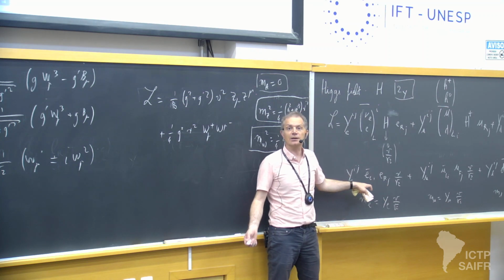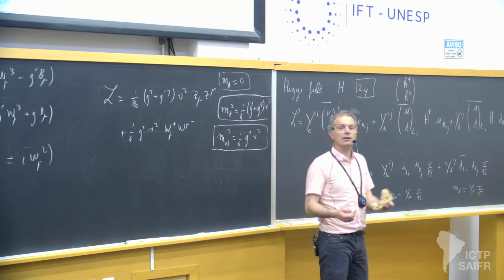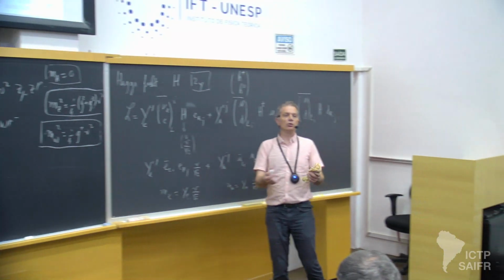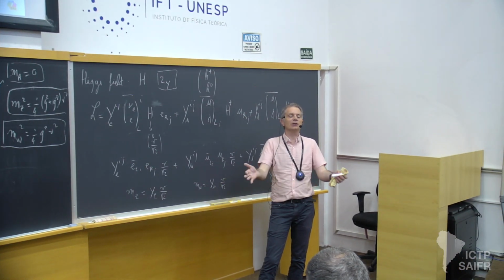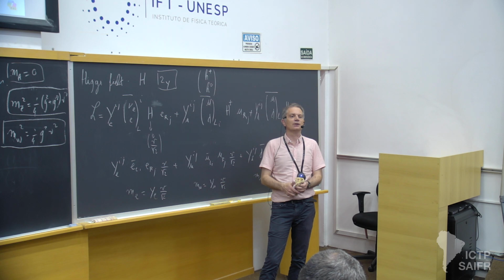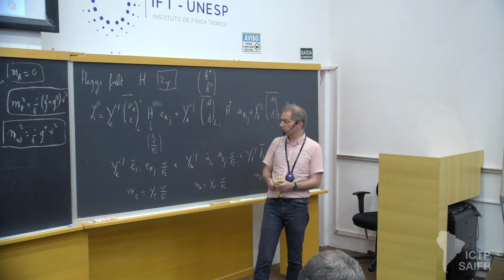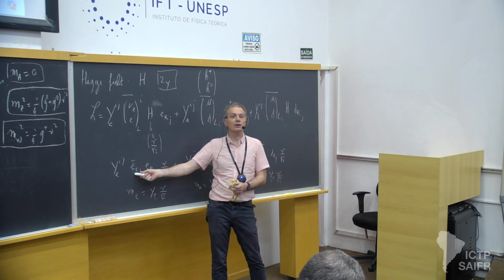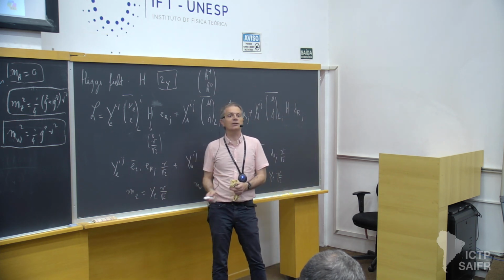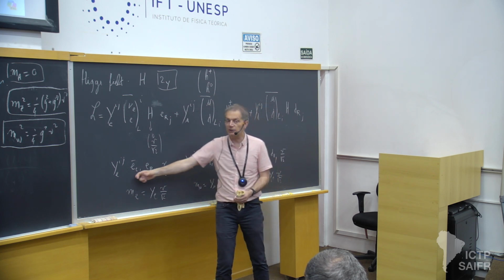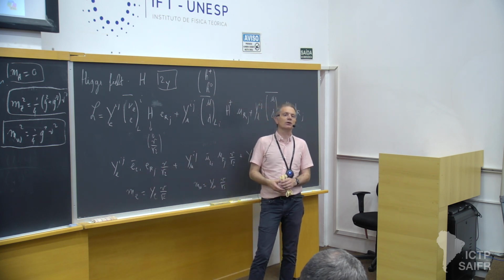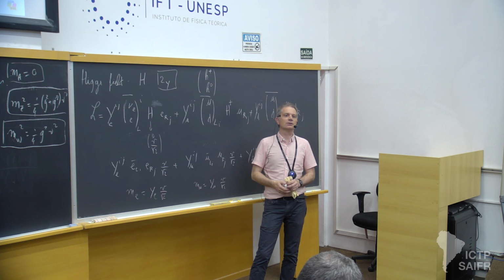So the mass term in QED is automatically invariant under U1 of electromagnetism. That's why you write explicitly in your Lagrangian the mass for the electron. There is no inconsistency. That's something you cannot do for the weak interaction, because the weak interaction is chiral, so the left and the right don't transform in the same way. So you cannot write directly a mass term which is invariant under chiral transformation. Okay, thanks.